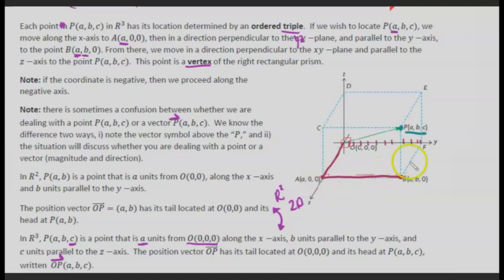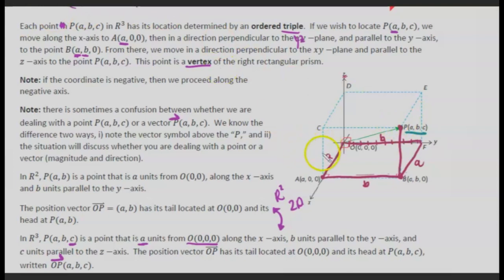So we draw a line parallel to this y-axis. Okay, and again, this would also be A units away. This has A units, this would be B units and B units. Now, we're located here, and we want to move C units in the Z direction, okay? The Z direction is going up and down.